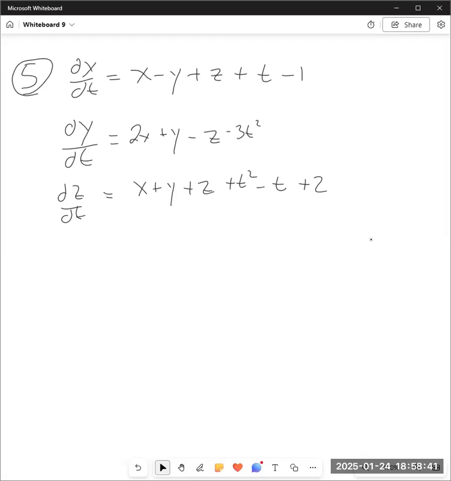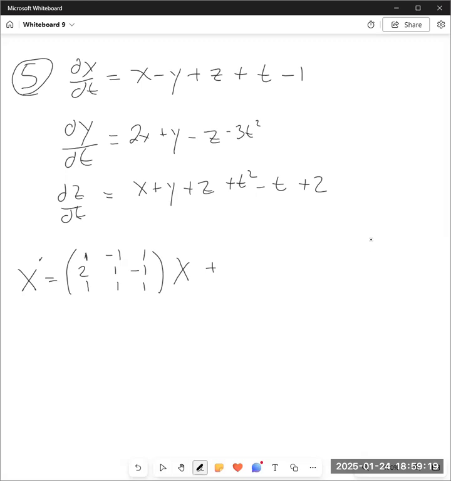So that's quite a bit there to go from nothing to that. Let's go ahead and write down my x prime on the left and the coefficient matrix for x, y, and z: 1, negative 1, 1, 2, 1, negative 1, 1, 1, 1, and then times x, y, z, which is capital X here. And that's the easy part. Now we need to look at our t squared pieces.